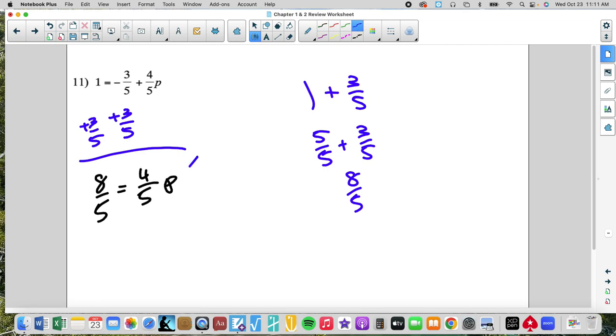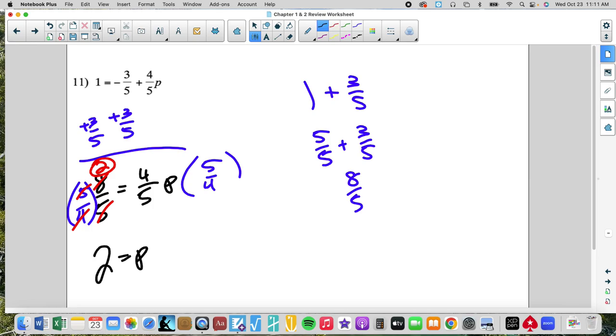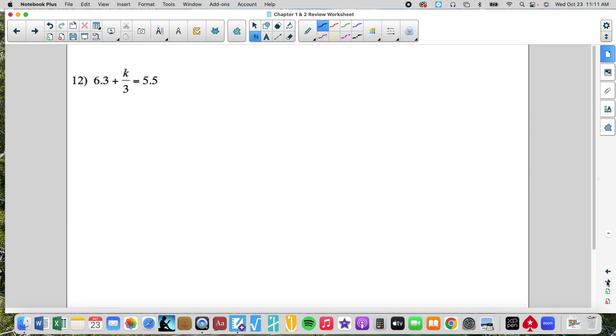We'll multiply by the reciprocal, which is 5 over 4. 5 in the numerator cancels with 5 in the denominator. 4 in the denominator cancels with 8, or makes 2. That's 2 equals p. We should be very proficient at working with fractions.